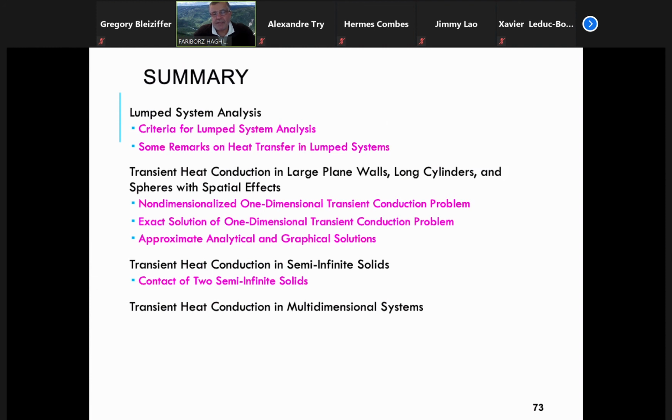This is what we have covered in chapter 4. We did some problems, showing you how we can use the simplified equation. We showed you how we can use the analytical solution that we obtained for the 2 cases, cylindrical and plane wall. And we also showed you the 2-dimensional case for a combination of these 2.